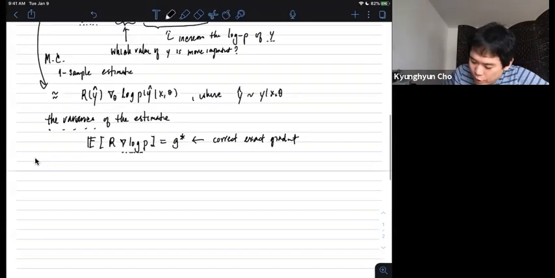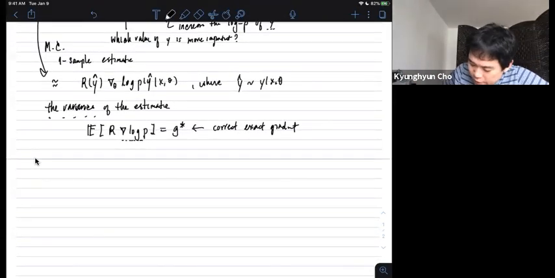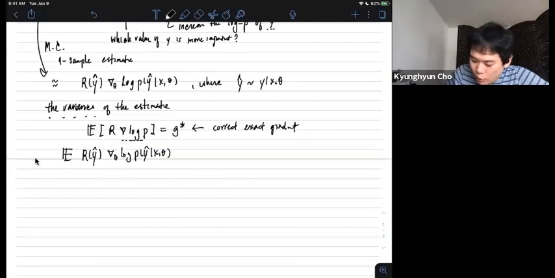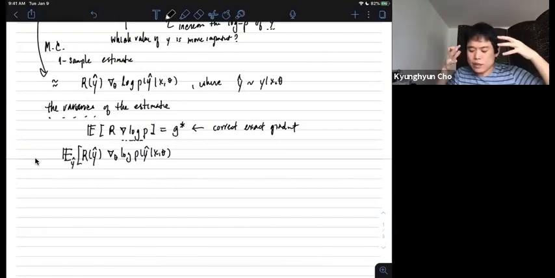One thing we know is that if I compute this single sample estimate, and then look at the expectation over y hat this time, because I'm using just a single sample, you can think of it as the approximated gradient, or the gradient estimate using a single sample.